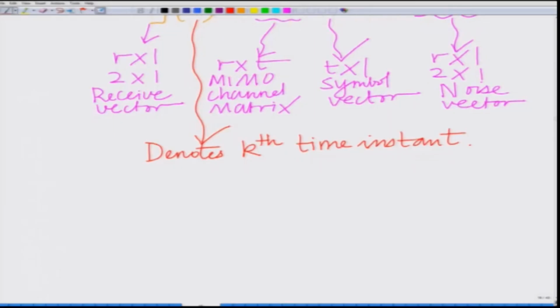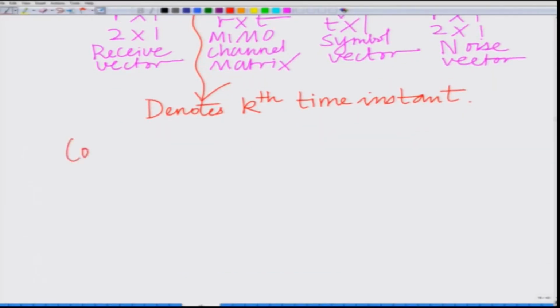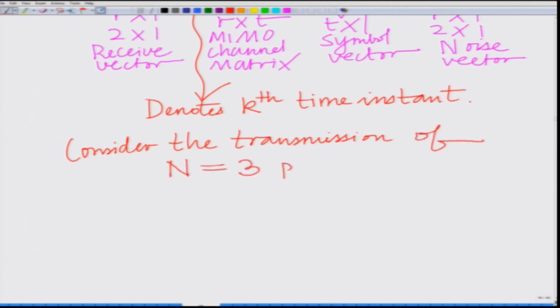Let us now consider the transmission of n pilot symbols. In this example, let us set n equal to 3. So consider the transmission of n equal to 3 pilot symbols, or in this case in fact pilot vectors, because each transmitted symbol is a symbol vector.